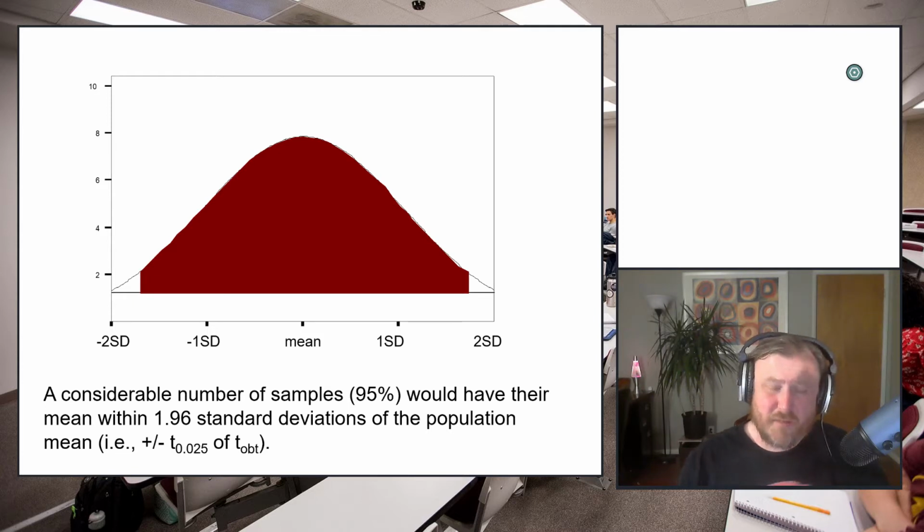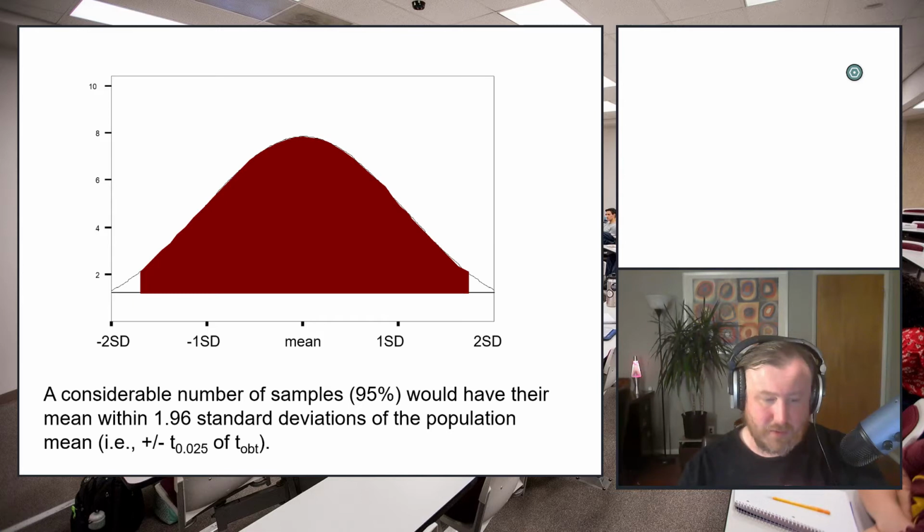Here, we're doing a very similar thing, but what we're interested in is this entire red shaded region. This red shaded region represents all of the possible values that a particular population mean could take given a particular sample mean. Put another way, 95% of the time, a population mean will fall within this range given a particular sample mean.